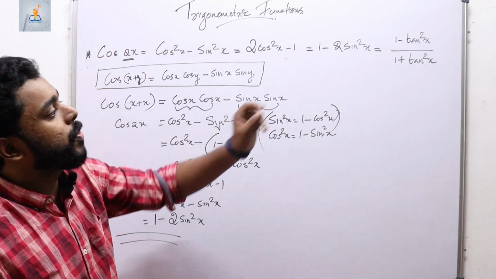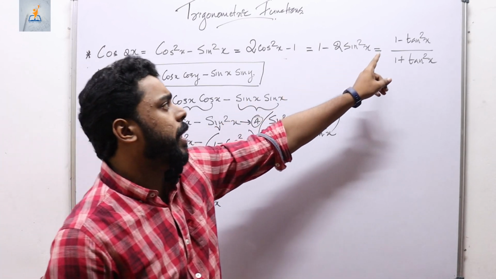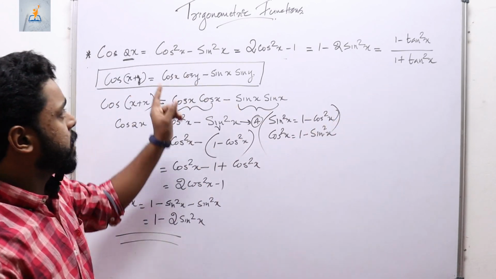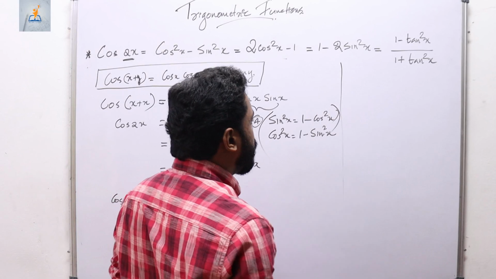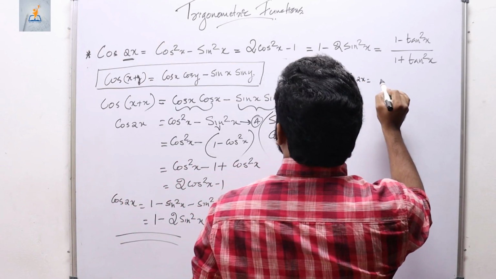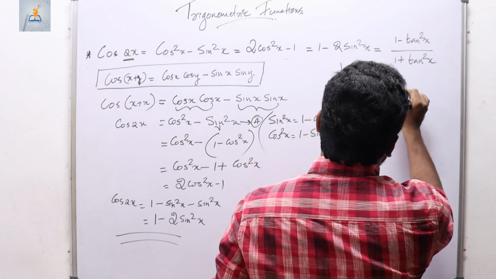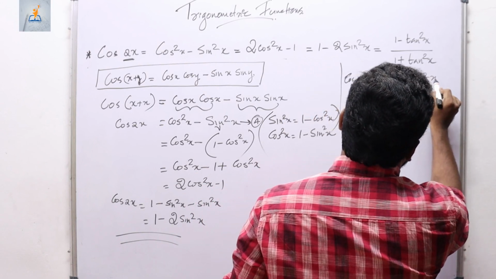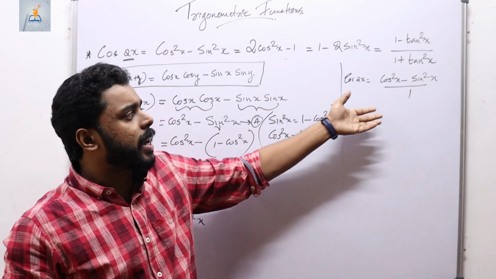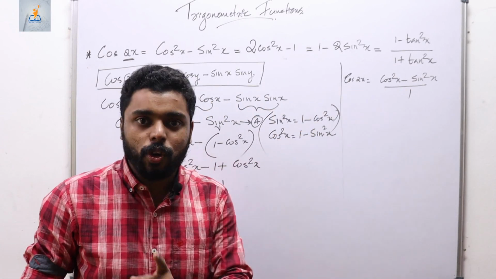Now we have to prove the last one, (1 minus tan square x) divided by (1 plus tan square x). For that, we shall consider the first part itself. We know that cos 2x is equal to cos square x minus sin square x, isn't it? It is divided by 1. I just divided it by 1 because that division does not make any change in the equation, isn't it?